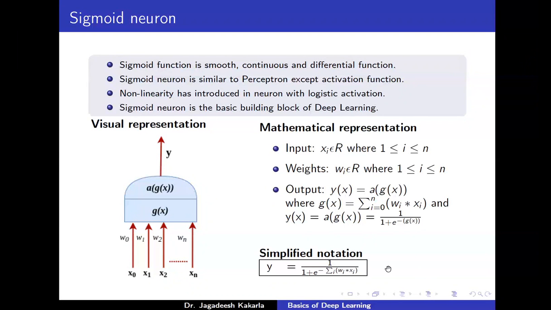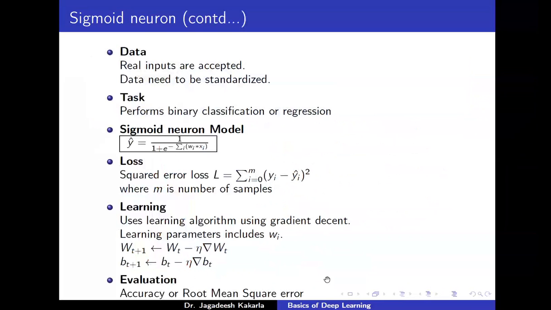Again the input is a real number and the weights are real numbers, and g of x is simply x0 into w0, x1 into w1, plus x2 into w2, and so on, xn into wn. Now only the activation function is changing. That summation you give to 1 by 1 plus e power minus that value. Okay, so this is the sigmoid neuron.